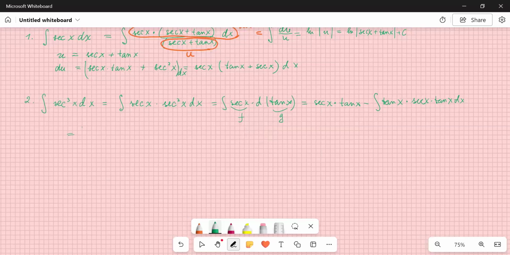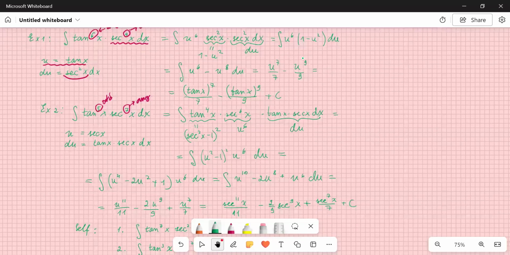So I have secant of x multiplied by tangent of x minus, and here I have tangent, secant, tangent. That's tangent squared, right?